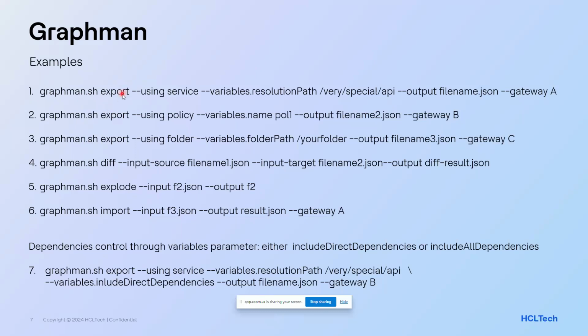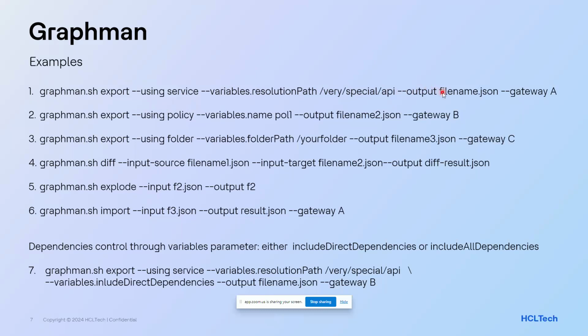The first parameter is always the command you want to execute. You remember I've listed some of them. Export, for example: this first command is exporting a service. A service is identified by its resolution path, hence I'm specifying the resolution path I want to export. The rest is mostly the same.